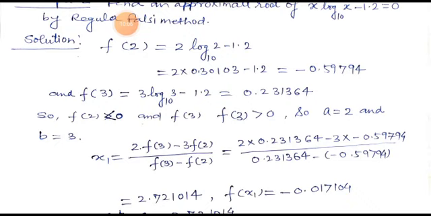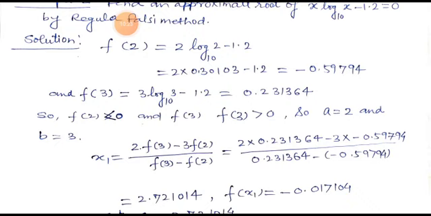It is because f2 is negative and f3 is positive, so fa into fb is less than 0, that is negative. So the formula of x1 will be (2 f3 minus 3 f2) upon (f3 minus f2).